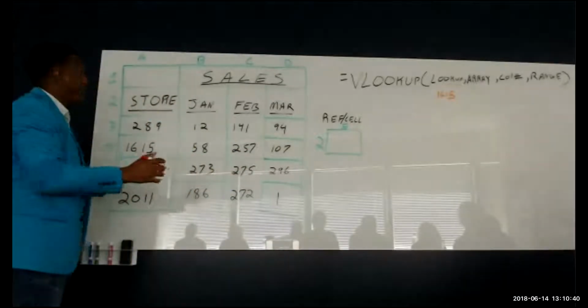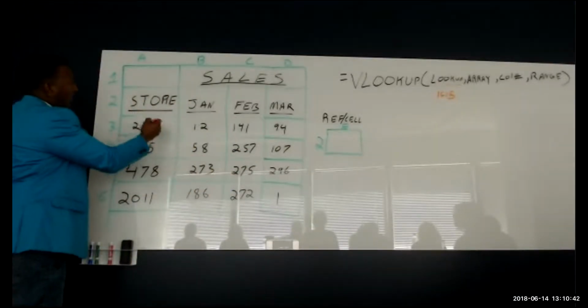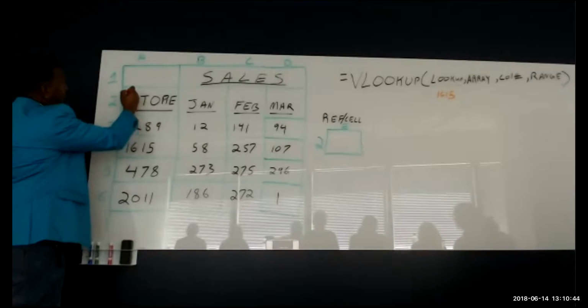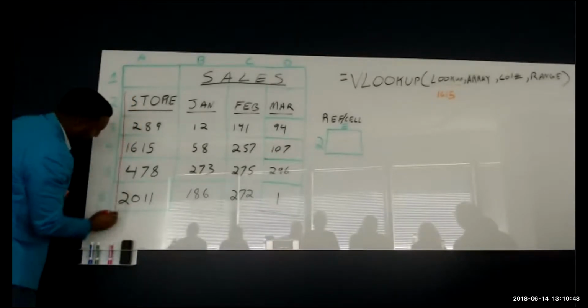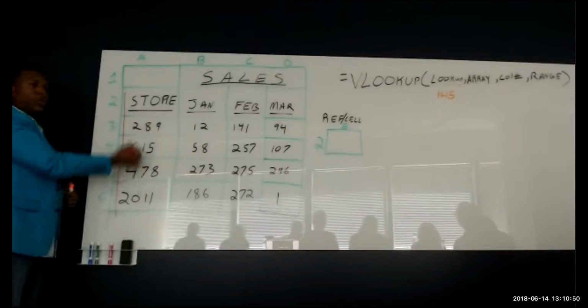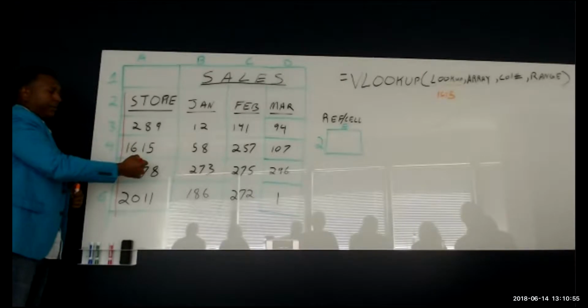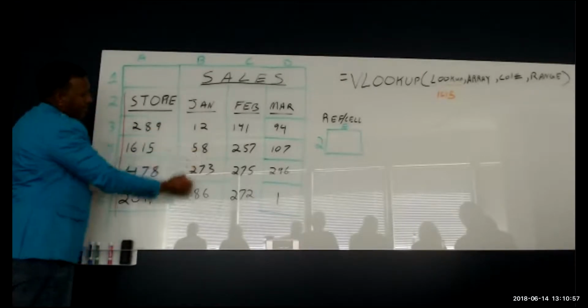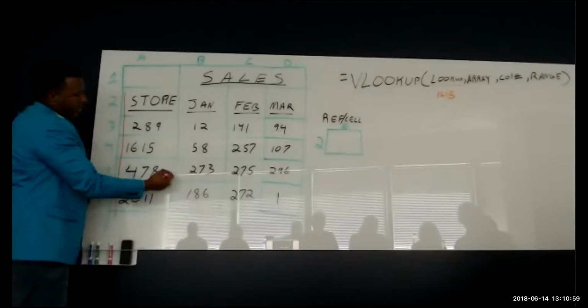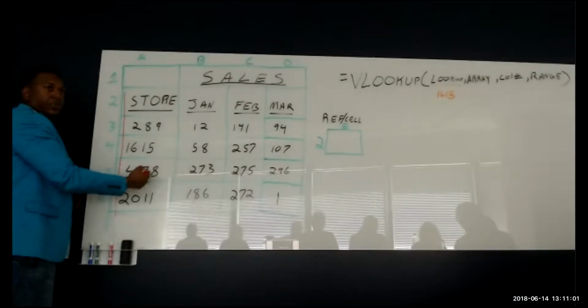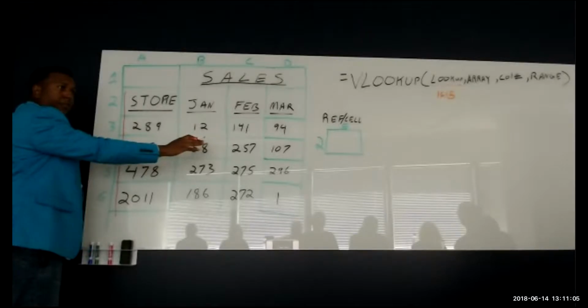So when you select your box, you want to make sure that the store number, what you're looking for, is in the farthest left column. If you start your box here, it doesn't have what you're looking for because it doesn't look to the left. It only looks to the right, okay?